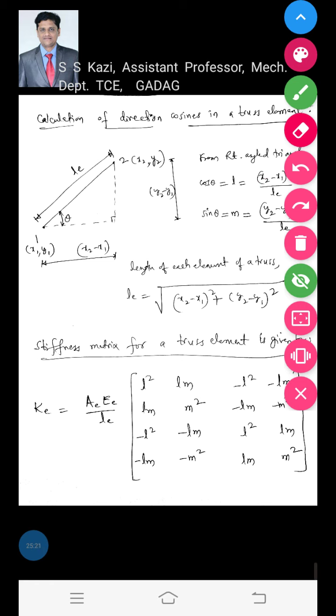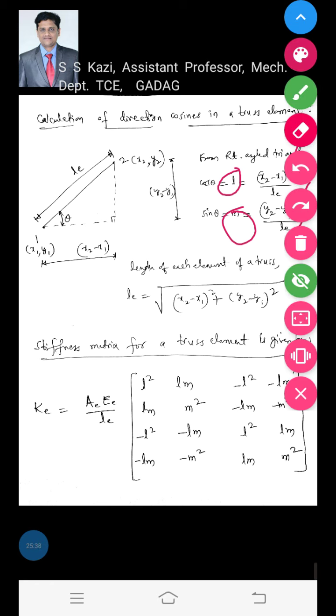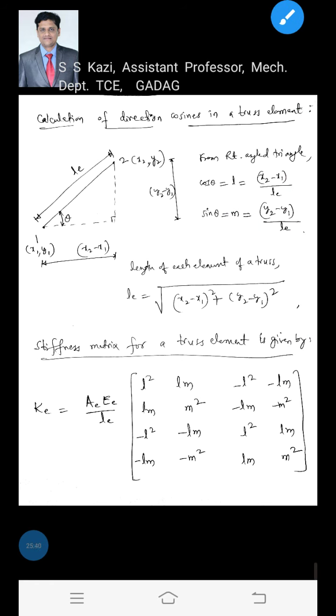Hence we got the formula to find the direction cosines: l is equal to x2 minus x1 by LE, and m is equal to y2 minus y1 by LE, where x1, x2, y1, y2 are the coordinate values of nodes 1 and 2 and LE is the length of the element. How do we calculate the LE value, the length of the element of a truss? From the Pythagoras theorem, the hypotenuse square is equal to the summation of the squares of both sides.